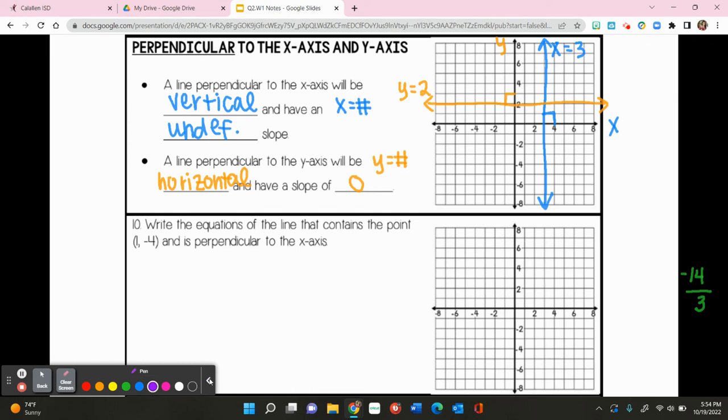So let's go and look at the problem. Number 10, write the equation of the line that contains the point 1, -4 and is perpendicular to the x-axis. So the first thing I'm going to do is plot this point.